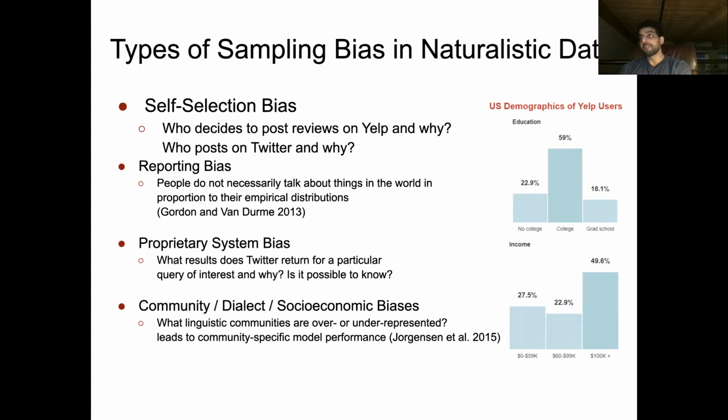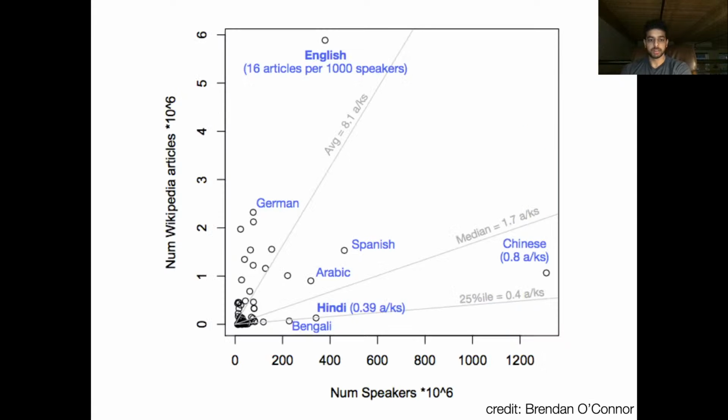And finally, there's kind of dialectical and socioeconomic influence in various kinds of linguistic communities, and we'll talk a little bit more about that in a bit. There's also just the dominance of English in data sets, like the Common Crawl versus any other language, and also in the research community in general, right?